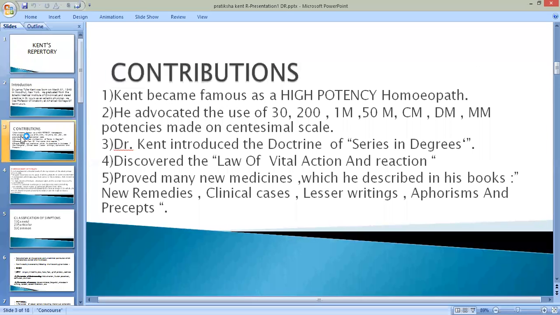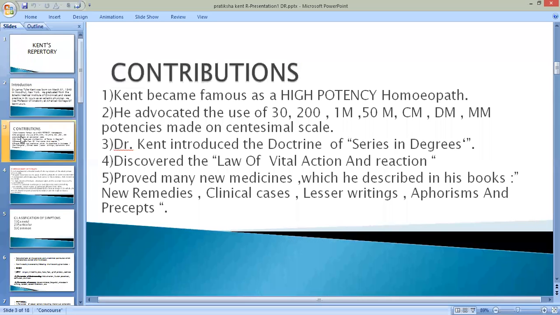The first and most important contribution of Dr. Kent is high potency. He advocated the use of high potencies which are made on the centesimal scale. He himself first used high potencies and gave results to the patient, and then he advocated their use.